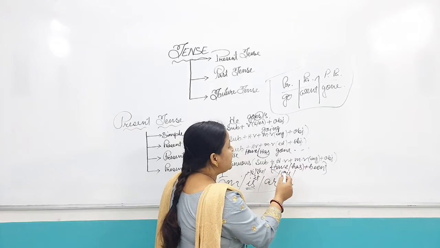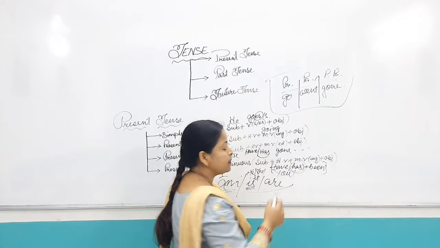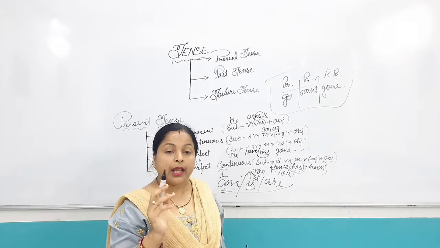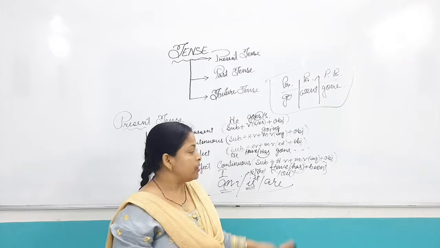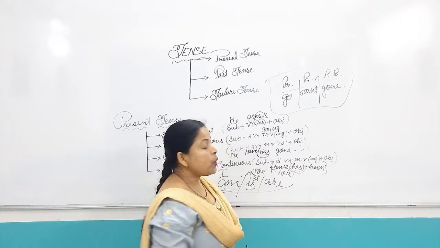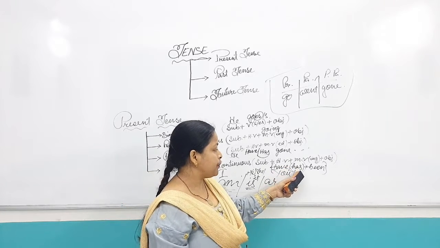As I told you, if it is I, we, you, they, we use have, and with third person singular number, has. So the building is third person singular number, so has been.